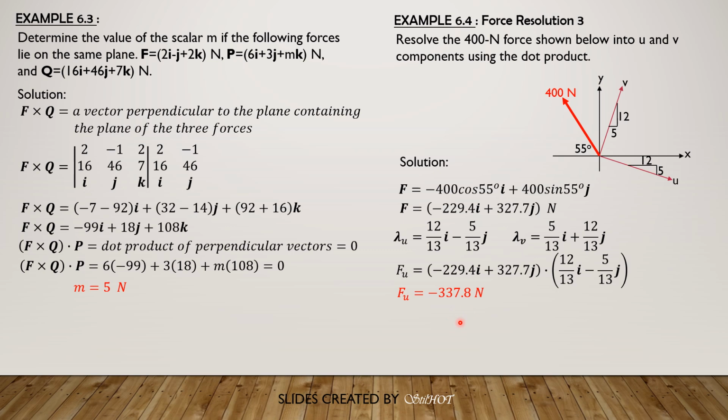We get negative 337.8. Then Fv is equal to F dot lambda of v. So negative 229.4 times 5 over 13 plus 327.7 times 12 over 13, and that is equal to 214.3 newtons.